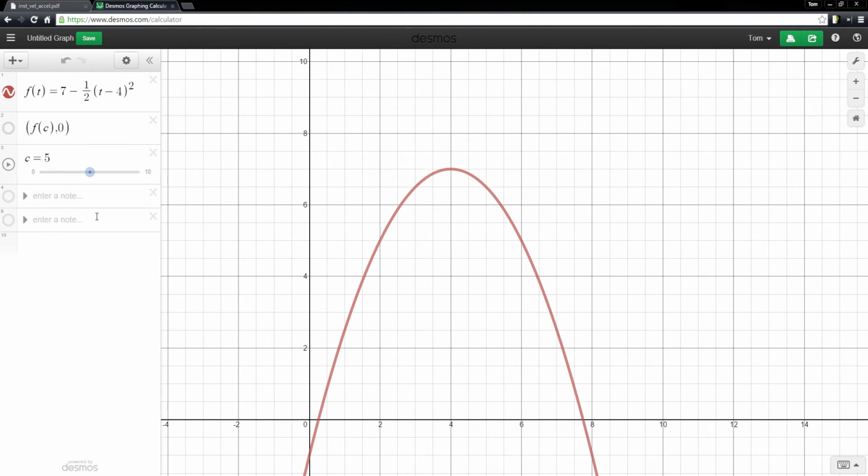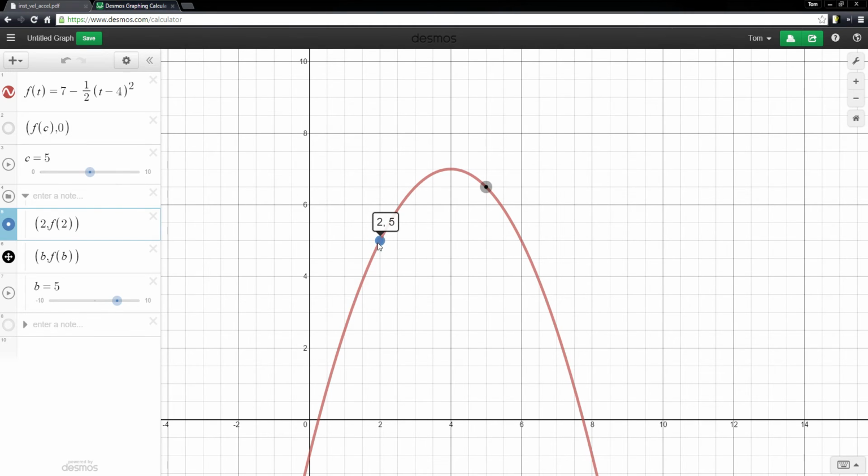Okay, so for instance, what we just calculated here was the average velocity from time 2 to time 5. So if we look at those points on the graph, f of 2 is right here at that point, right? It was 2, and then when we plugged the 2 into here, we got a 5, right?